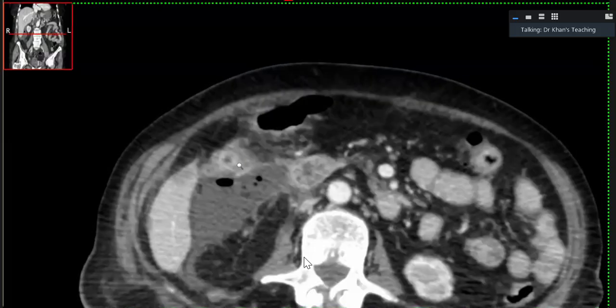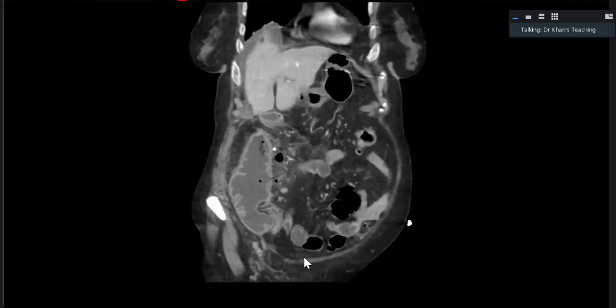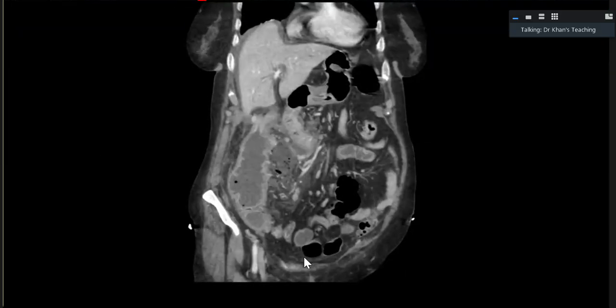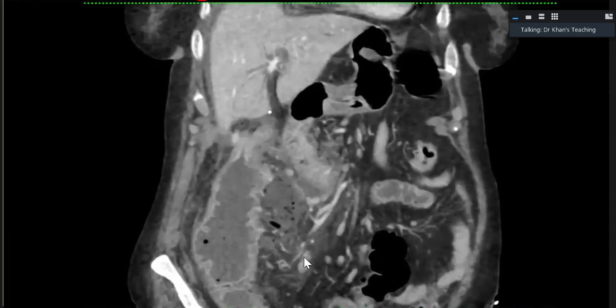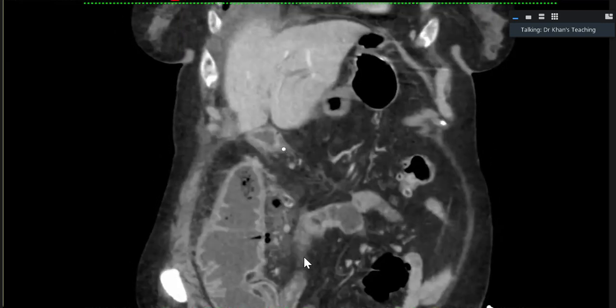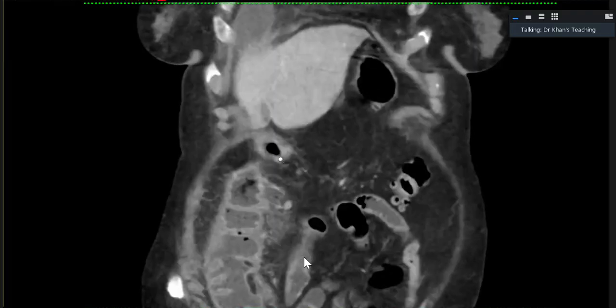This fistula is causing that stricture which was better visualized. You can see it on axial also, but because of that fistula, there is a stricture, and this is that stricture. So let's see it again.